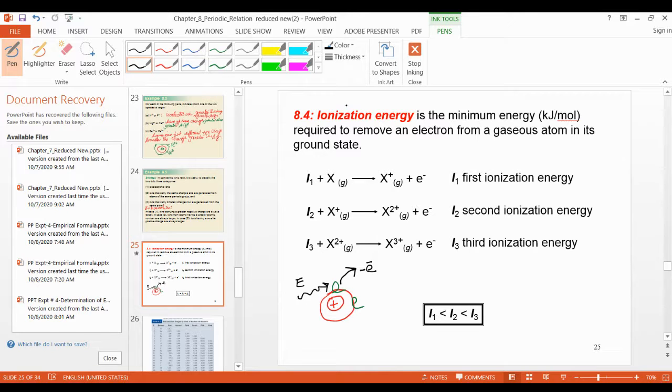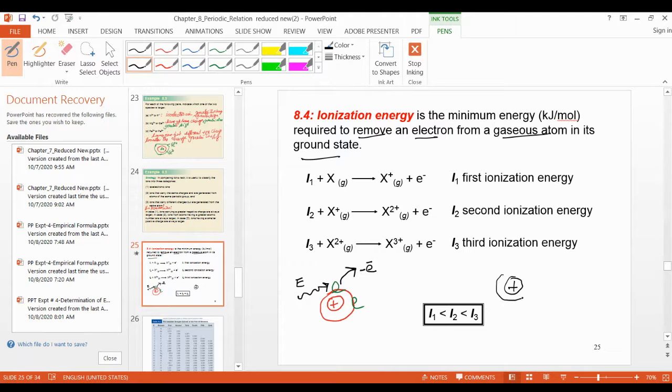Now look at the definition: it is the minimum energy required to remove an electron from a gaseous atom in its ground state. This is a single atom. Suppose sodium, atomic number 11.